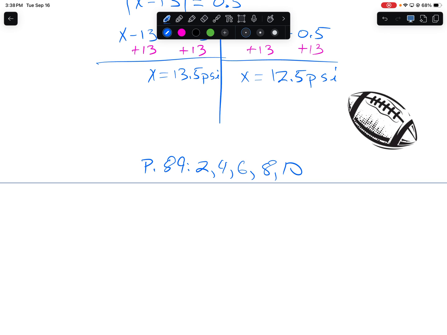Do you have solutions for the moment? Isn't it posted up there? Top of it, yeah. I think it's on the top right.